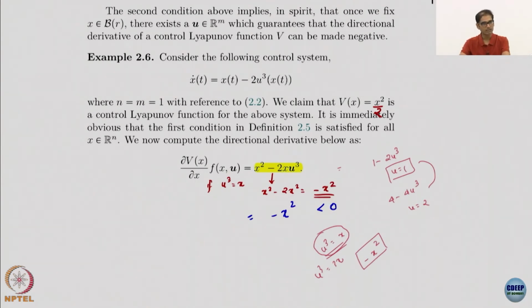We have already done this many times. And again, this is also not a unique choice. I could have taken x by 2 also, so that would have become minus x square by, wait a second, no, that would not have worked. Yeah, it's okay, but you see it's not a unique choice.